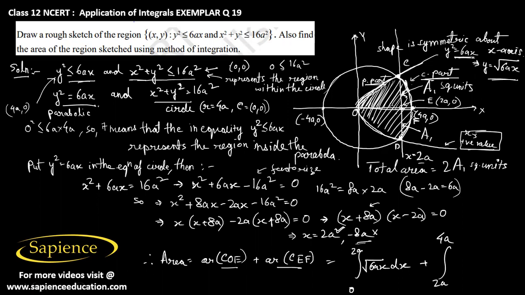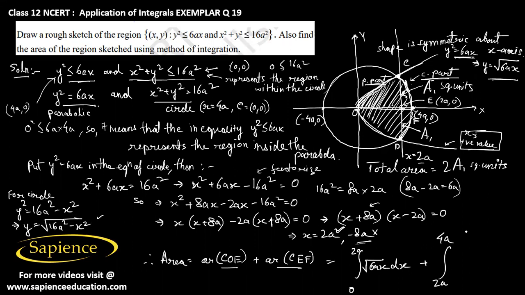Now the equation of the circular part: if we solve it, y square we will get 16a square minus x square for the circle. So we get y equal to square root of 16a square minus x square.